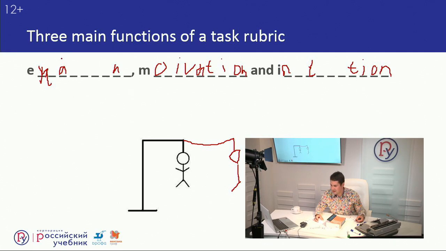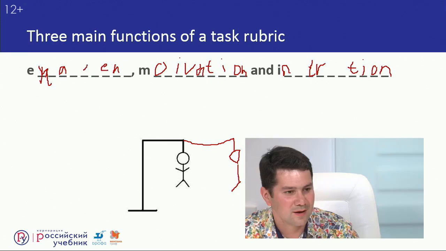Letter O already there, F already missed. Letter R, yes, there is an R in here. Letter O already there, E already, oh yes, E. E in here, and in here.